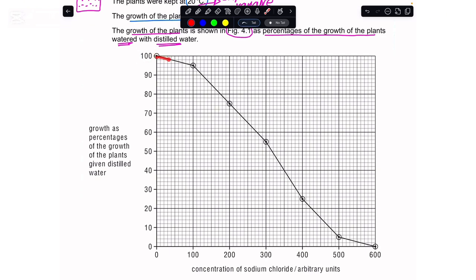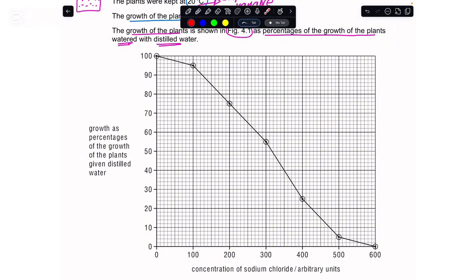As we keep increasing the sodium chloride concentration, the growth of the plant decreases until at 600, where the sodium chloride concentration is the highest, the growth of the plant is zero.